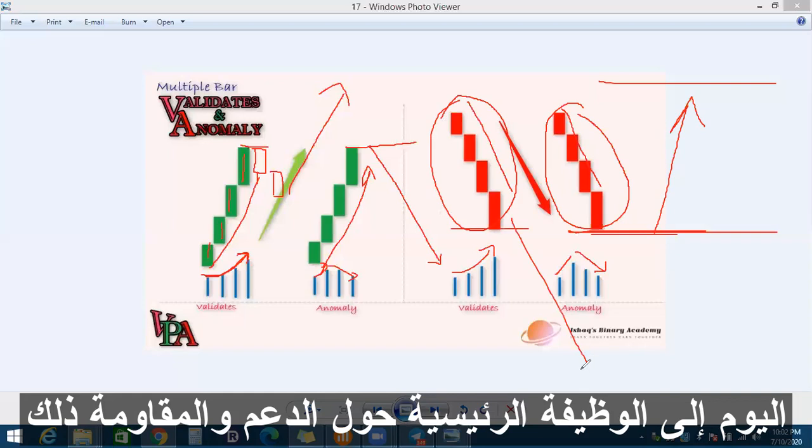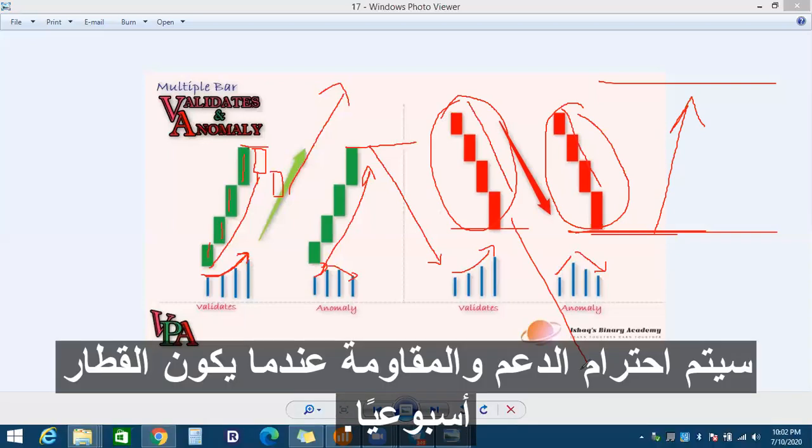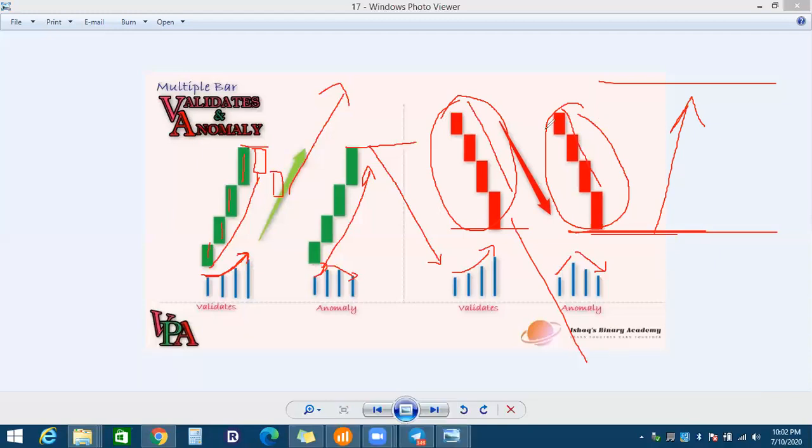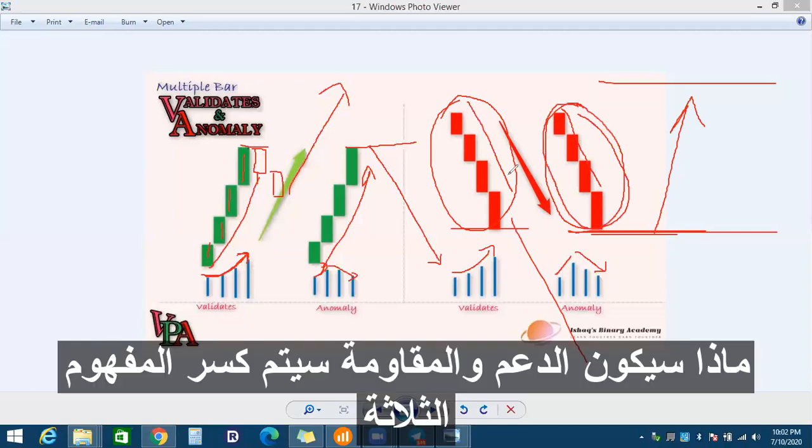So that is the main concept about support and resistance: support and resistance will be respected when the trend is weakening. When the trend is weakening, then support and resistance will be respected. And when the trend is strong, the support and resistance will be broken.